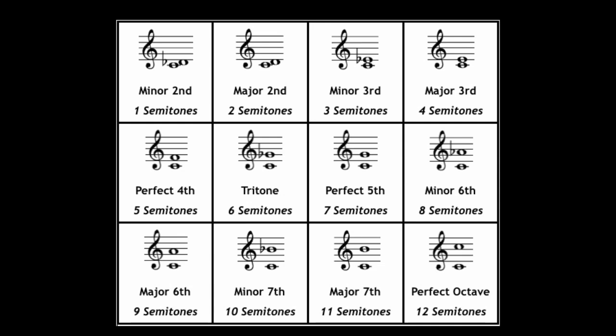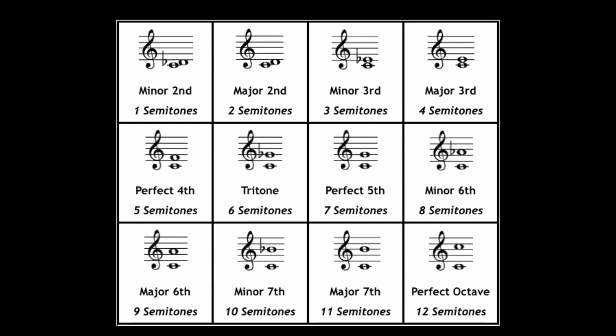A minor third will have 3 semitones, while a major third will have 4 semitones. A minor sixth will have 8 semitones, while a major sixth will have 9 semitones. A minor seventh will have 10 semitones, while a major seventh will have 11 semitones.